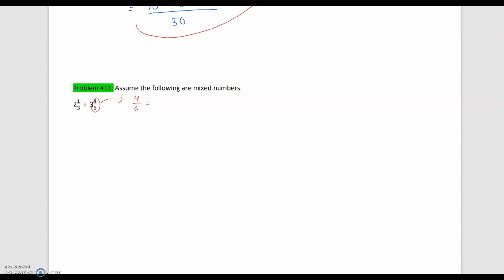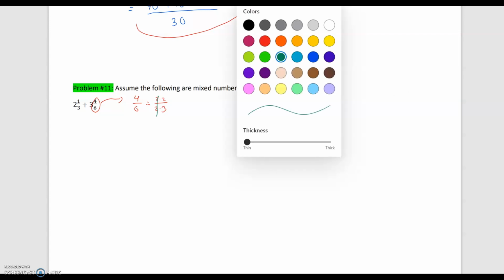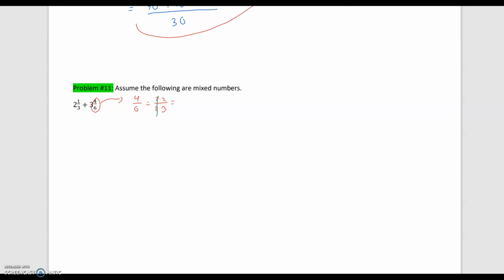So 4/6 is actually reduced as 2 times 2 over 2 times 3, and you can cancel the 2's here. And this is going to be equivalent to 2/3.